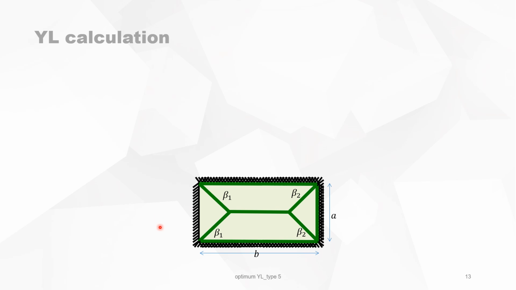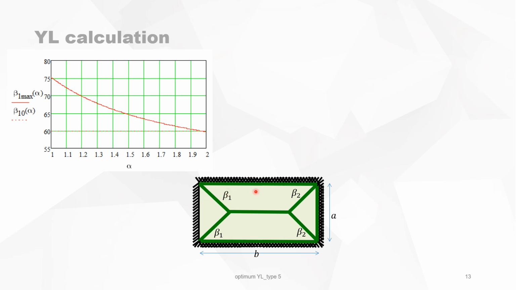Now, just to give you a summary of the slab of this type 5, to find this yield pattern, you need the angle beta 1 and beta 2. And you will see that for all different slabs with alpha ranging from 1 to 2, so B over A is 1 to 2, this is the optimized angle of the yield line for beta 1 for this corner.